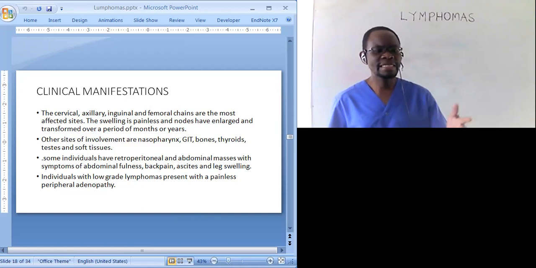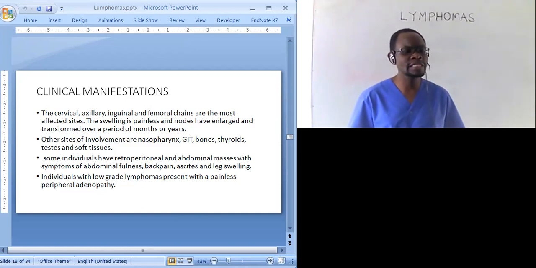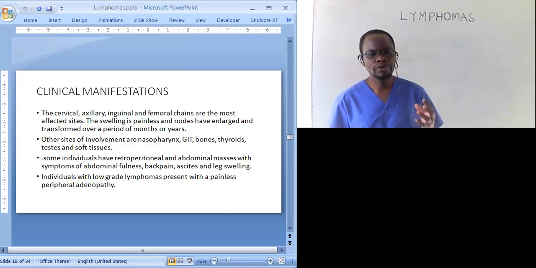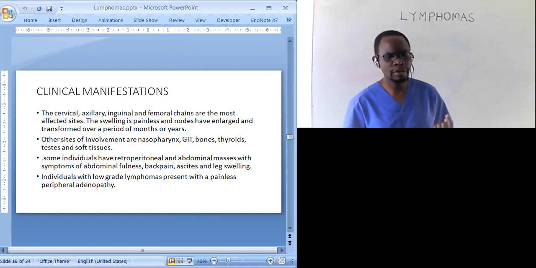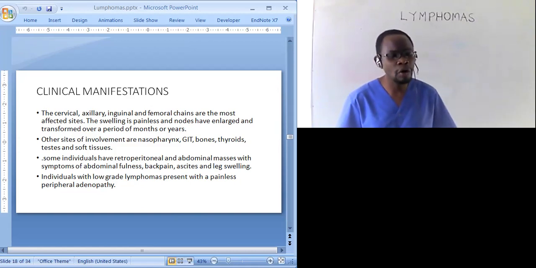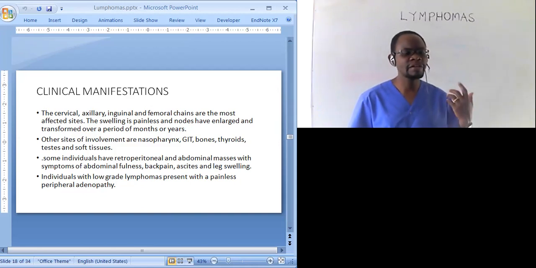But even non-Hodgkin's can be found in places that are accessible, so I don't want you to be confused in that area. That is why we can find them in the cervical, in the axilla, and even in the femoral chain.